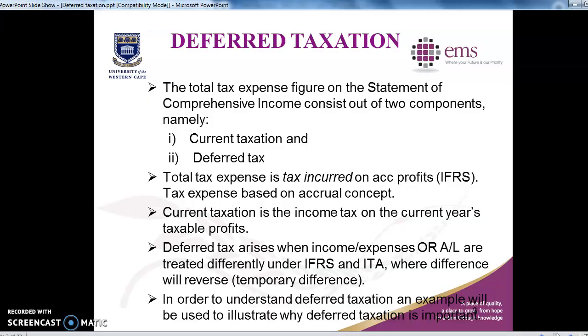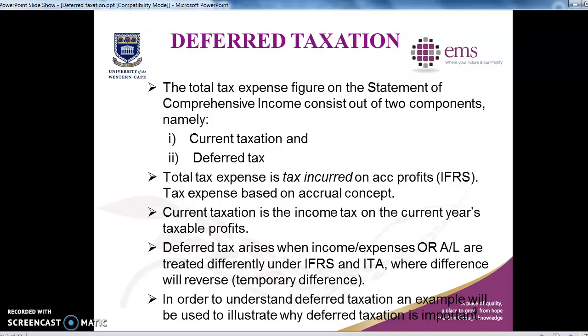And then we have a temporary difference. A temporary difference means that from an accounting perspective and from a tax legislation perspective, they treat the item the same. However, there's a timing difference.